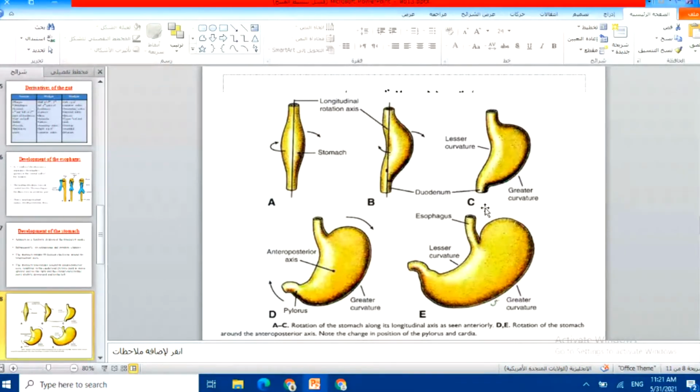So less curvature and greater curvature give us the shape of the stomach. But at the growing time period, the stomach will not be in its original location, so it needs some rotation. First we said the growing process, which gives us the final shape of the stomach.